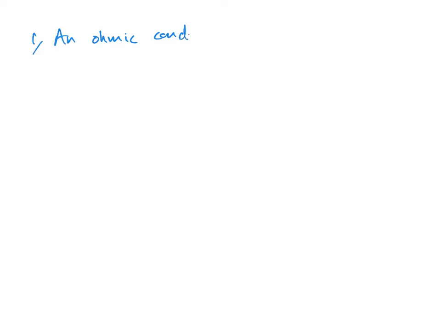So an ohmic conductor has a constant resistance.